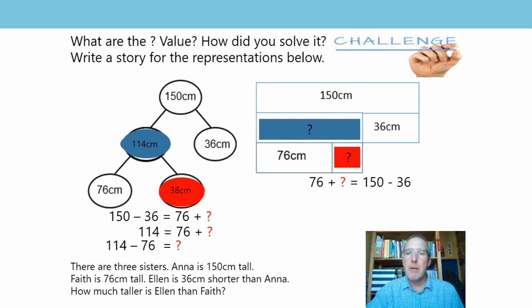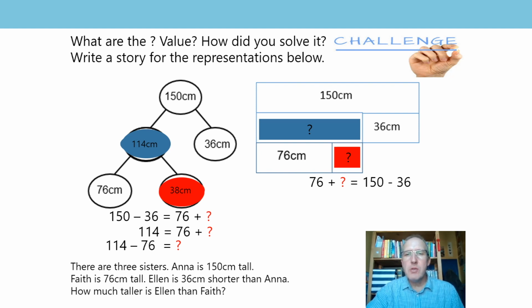Each side of our balanced equation is equal to each other. What part is 76 plus the question mark and 150 minus 36? What part of the bar model are they both representing? That's it. They're both the blue rectangle. They're both Ellen's height.